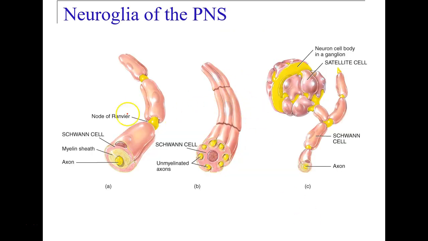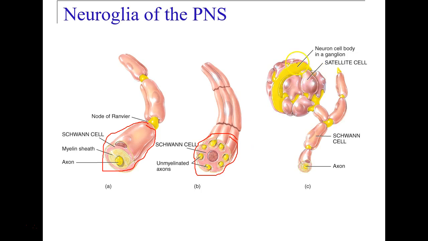In the peripheral nervous system, the Schwann cells, we have a single Schwann cell creating a myelin sheath around a single area of an axon, unlike the oligodendrocytes. We do not have to produce a myelin sheath. This would allow us to surround multiple axons for unmyelinated axons.